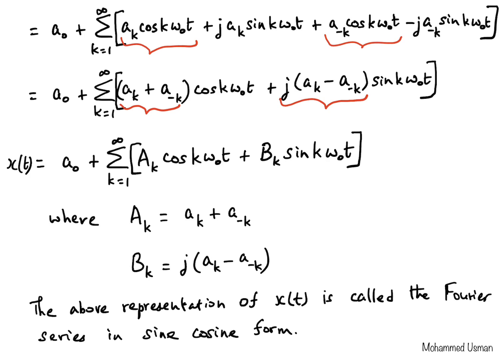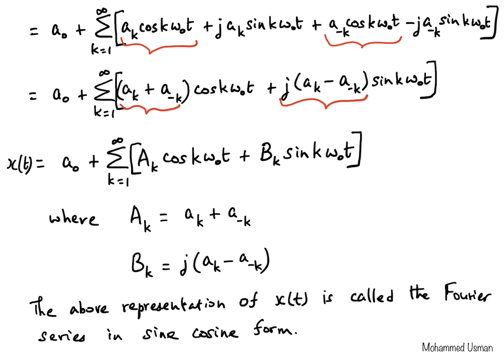We'll see what happens when we have a real signal, what happens when a_k is a real number, and so on. Under different conditions, we'll see what this representation reduces to.